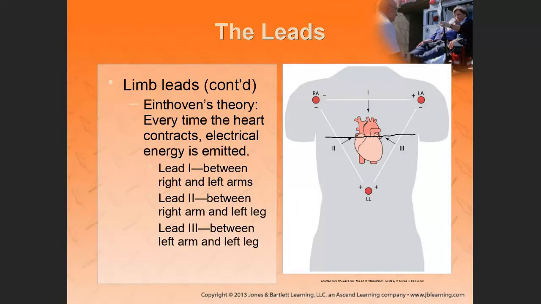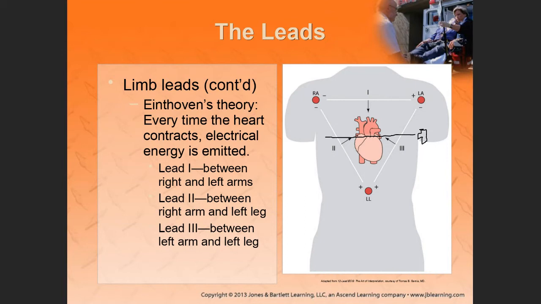So there's a camera here, right? So that's lead 1. Lead 1 starts from the right arm or right shoulder, and it moves to the left arm or left shoulder. So lead 1 looks at the left side of the heart. So lead 1 is looking at the left side.